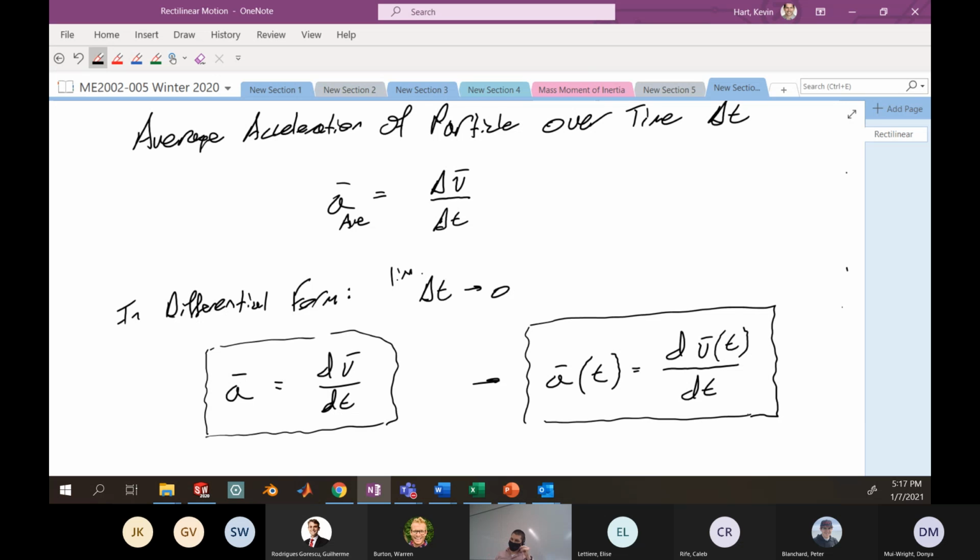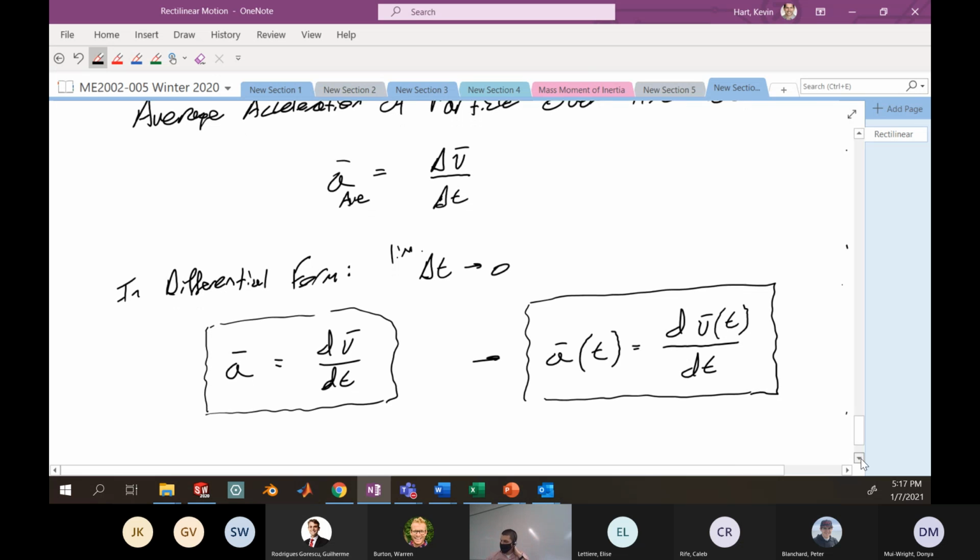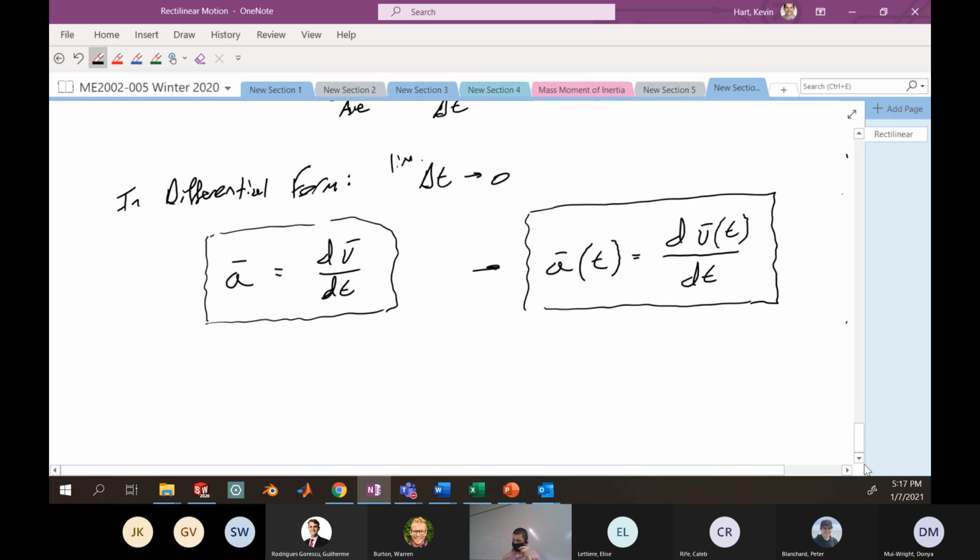Usually those constant acceleration equations just have gravity as the acceleration, which is 9.81, not a function of time. It's just a number. But here we're going to talk about accelerations which might depend on time, and accelerations that might depend on position, and accelerations that might depend on velocity.